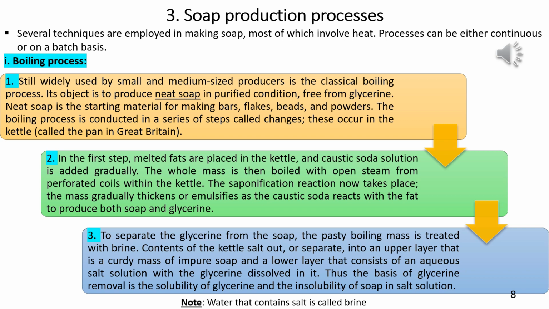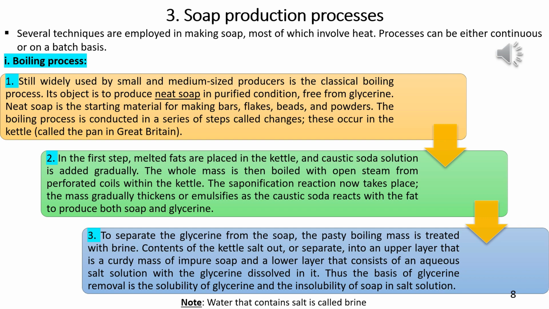So in the third step, now the glycerin can be removed from soap. How can we remove the glycerin from soap? To remove the glycerin from soap, this paste of boiling mass is treated with a salty solution, brine.